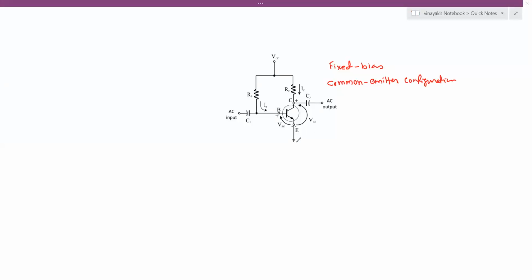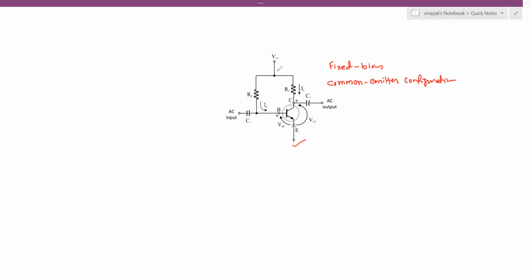Common emitter, in the sense you have emitter common with respect to the input pin base and output pin collector. So you have input side across the base emitter, and you have output side across the collector and the emitter of this circuit. Let me write the equations for the input side and the output side.